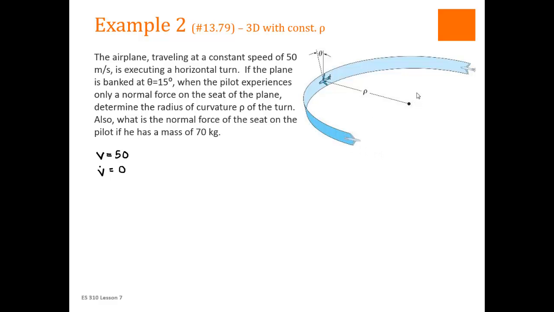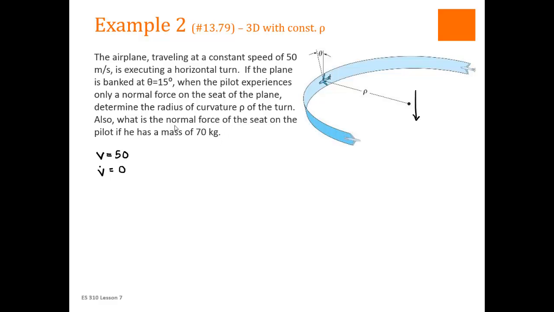Okay, so gravity is going down, right, in this turn. And to do that, it's banked at an angle of 15 degrees. When it happens to be at 15 degrees, the pilot experiences only a normal force on the seat. And we need to figure out what this radius is for this to happen.